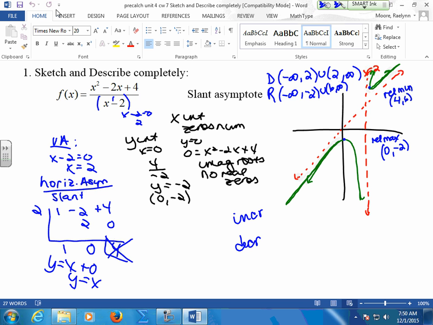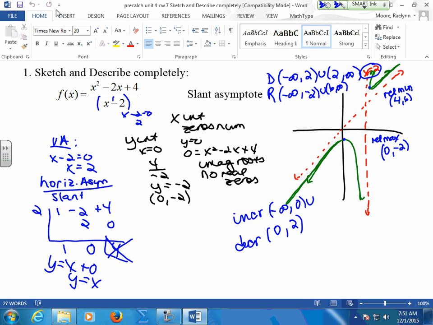So now, increasing and decreasing go off of your max and your min. So negative infinity to where? 0. And this is a decreasing part. Where am I decreasing? 0 to, what's this guy? 2. This is our x equals 2 asymptote.